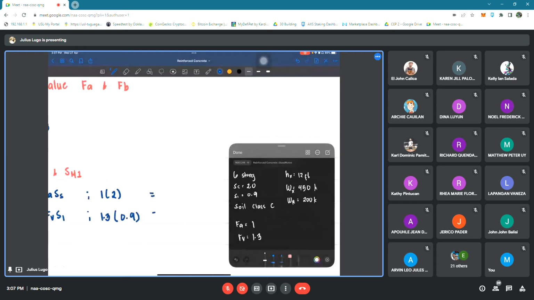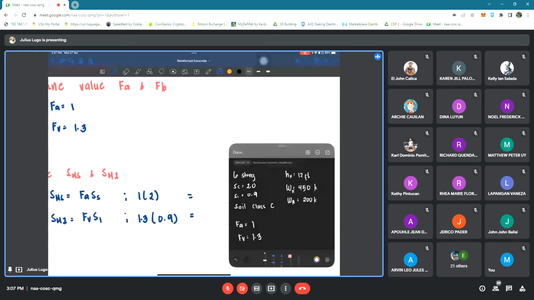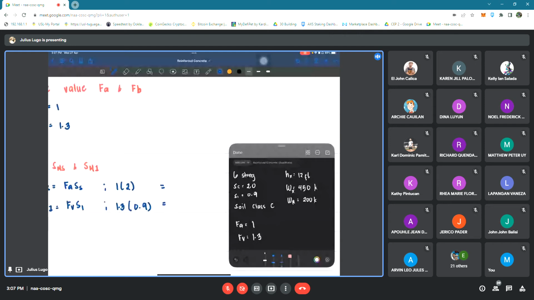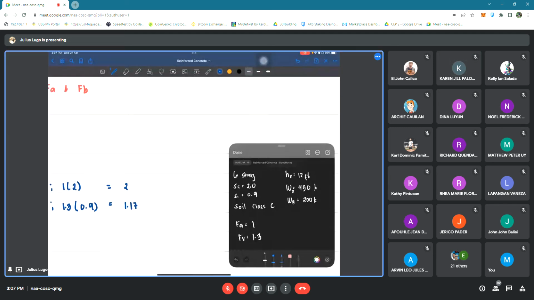Anong sagot natin? So this is 2, and then yung pangalawa, what is 1.3 multiplied by 0.9? 1.17. Is it 1.17? Okay, so that is 1.17.